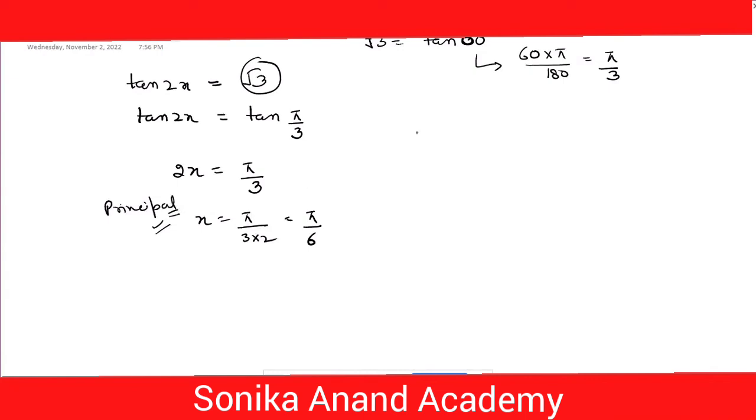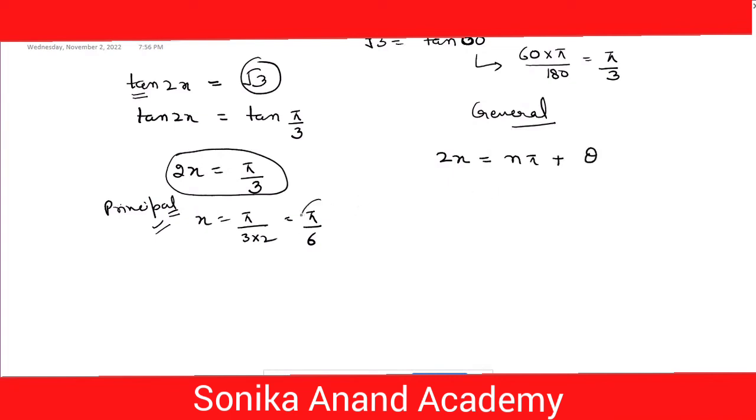But for the general values, this is the case for tan theta. So we equate 2x is equal to n pi plus theta. Or pi by 6, you can also equate in the same way.